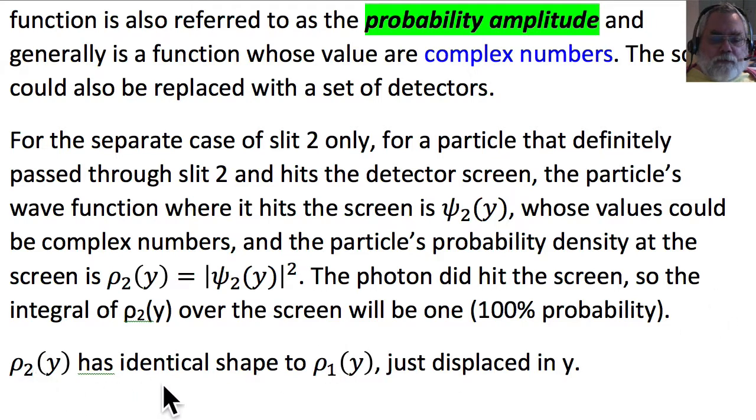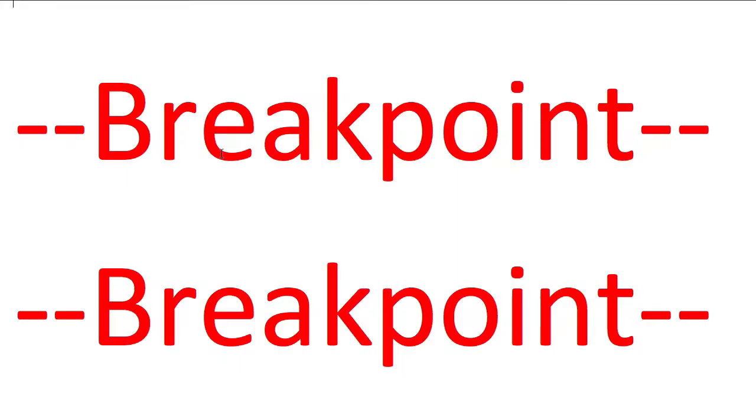Rho sub 2 has an identical shape to rho sub 1, just displaced in y because the two slits are displaced. This is a possible time to take a break.